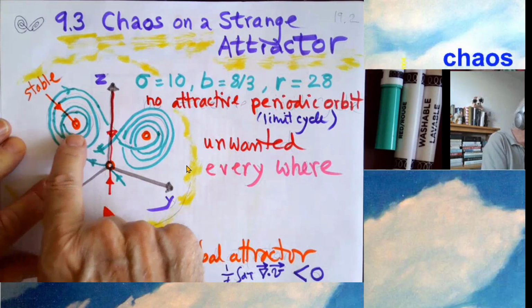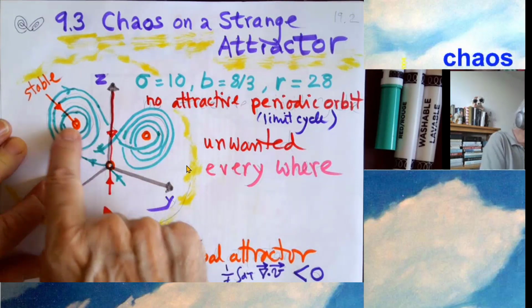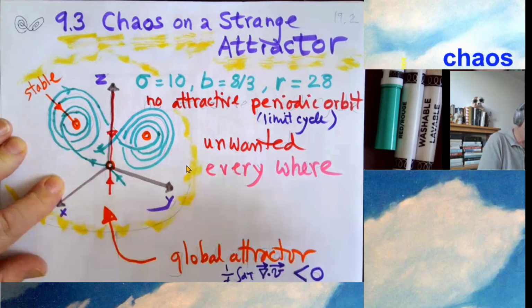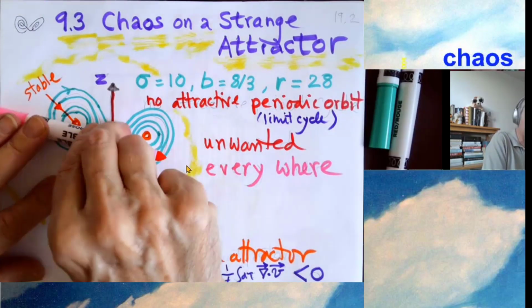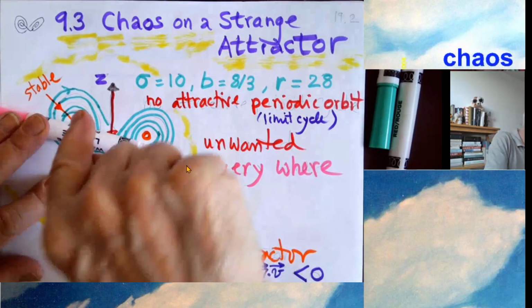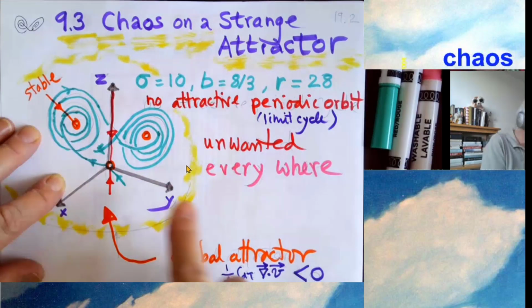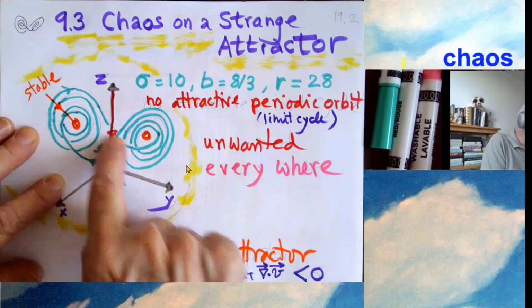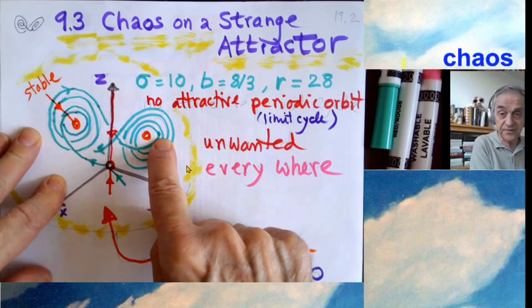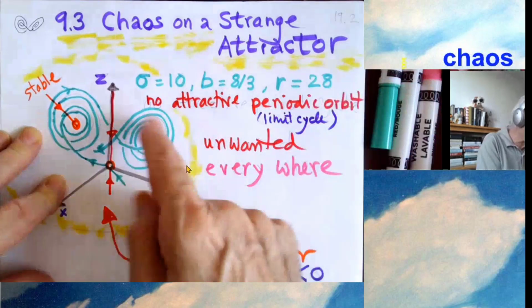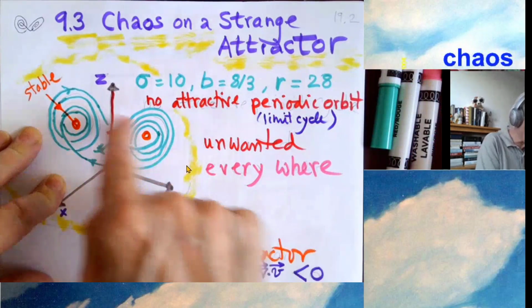And when it's close to one of these equilibria and your Poincare section is someplace, let's say this way, suppose this is your Poincare section, then you count this point, this point, this point, and they come in sequence. That makes sense. But when you come here, it jumps over to the other side, and it can land any place, and it can do this and jump over to the other side.